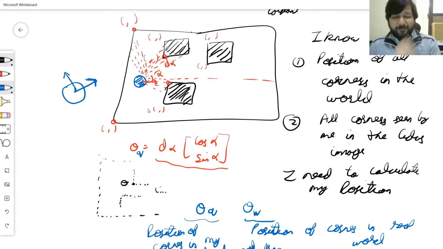You could do it by using signatures, using internal angles, which will not be very helpful over here because they're all close to 90. You could do it by using the approximate position, and then say that the close by corner to that position is this corner. So I'm probably looking at this corner.